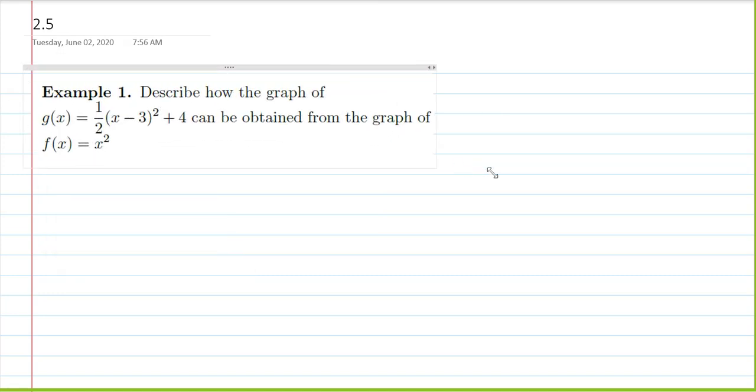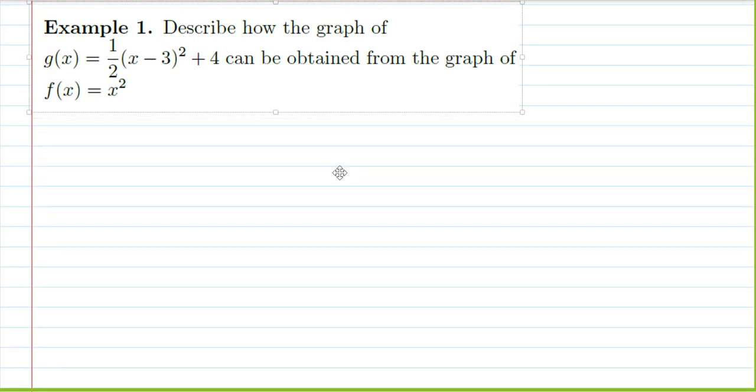So example 1 says, describe how the graph of g of x, which is equal to 1/2 times (x minus 3) squared plus 4, so this is going to be our parent function.